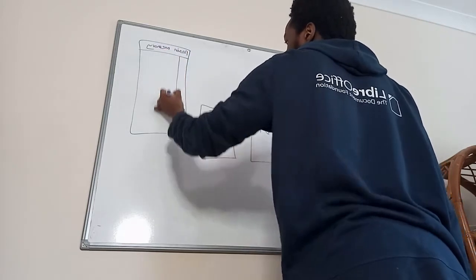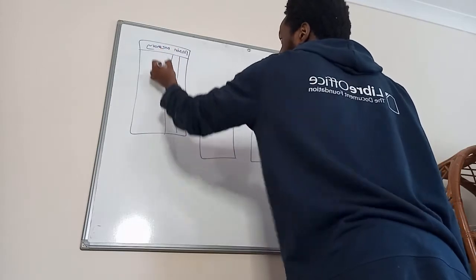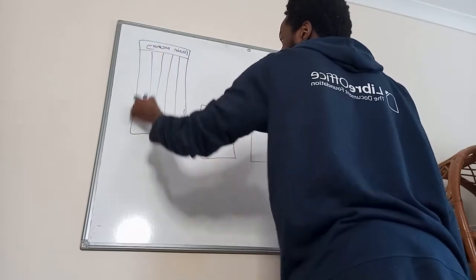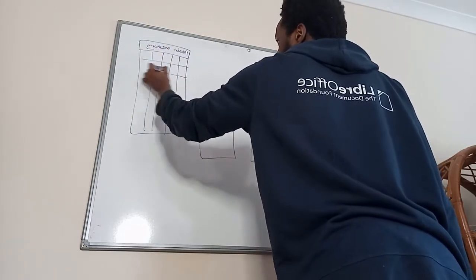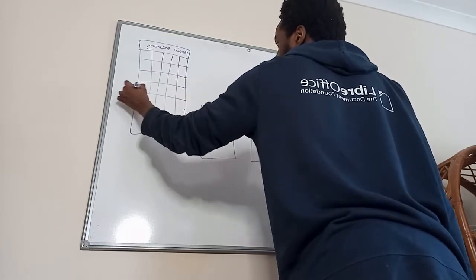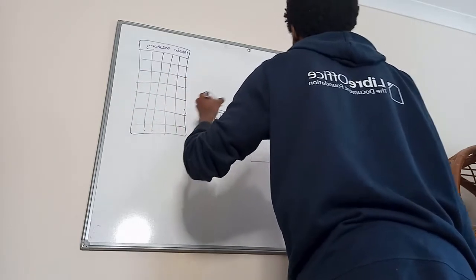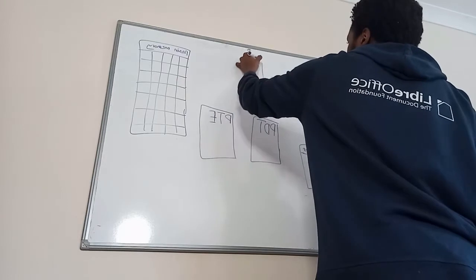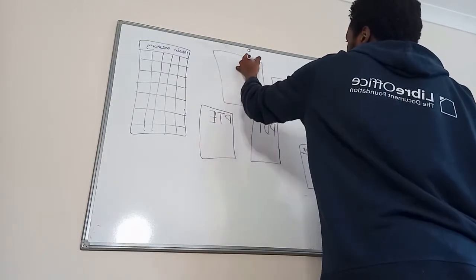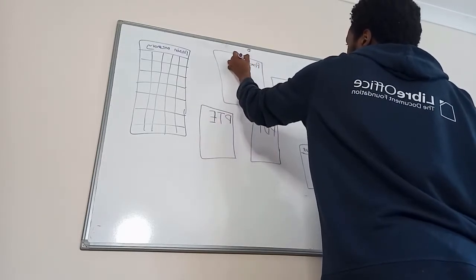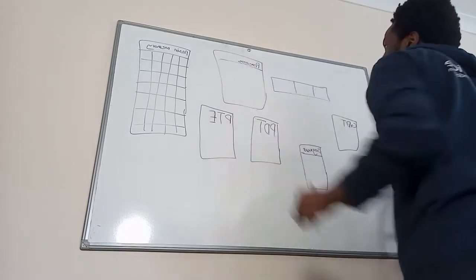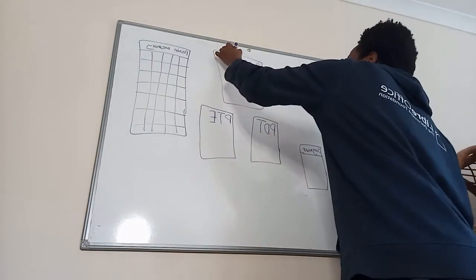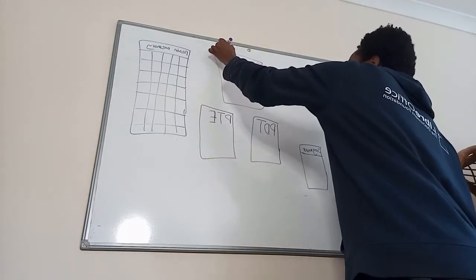Memory has been split up into 4 KB chunks. And here we have our process, with the PCB there, amongst other things.